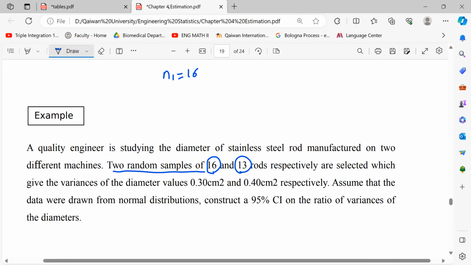As we have the ratio of variances, means we have 2 variances. Means we must have 2 populations. So we write down all given information for each population, for population 1 and 2. Here it says we have these 2 sample sizes for the populations. Let's name population N1 and N2 for their sample sizes, and N2 is 13.